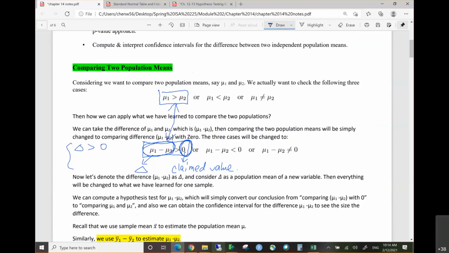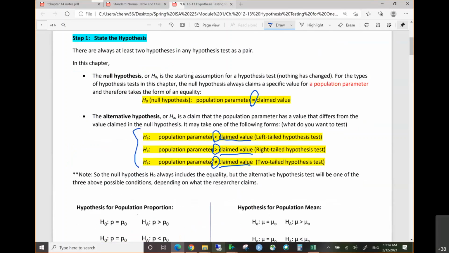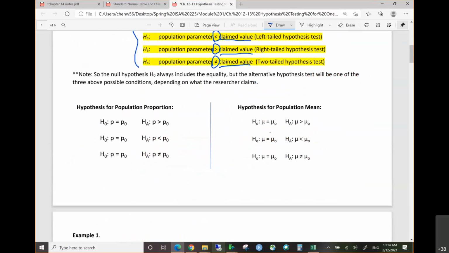Is that just similar with what we have before? That means this mu0 is just set to be 0, and then this mu here we just gave another name, which is the delta, which is about the difference. So we can test delta equals 0, alternative hypothesis can change to delta larger than 0.